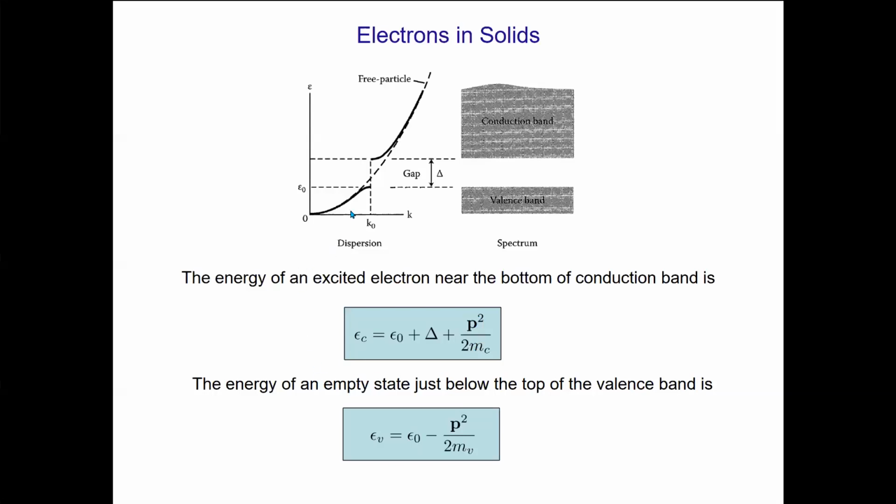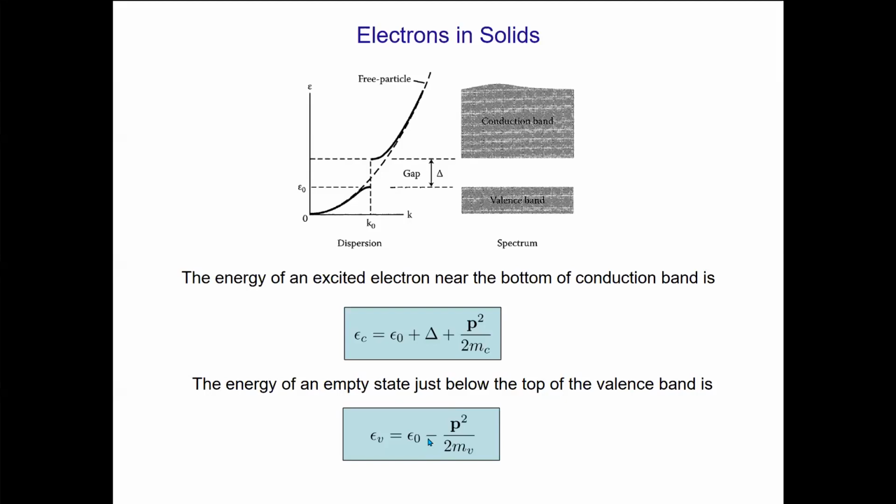Okay, and similarly in the valence band, the energy of an empty state just below the top of the valence band is given by the energy epsilon 0 minus p squared over 2 m_v, where m_v is the effective mass basically of the hole, of the missing particle.